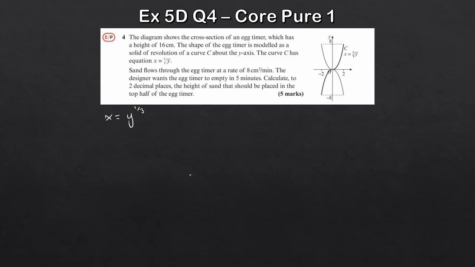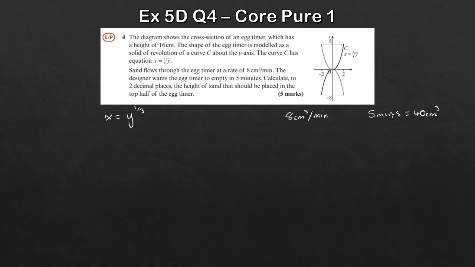We're also told that it flows through the egg timer at a rate of 8 centimetres cubed per minute. Now, they want the egg timer to empty in 5 minutes. So, if in 1 minute it's 8 centimetres cubed, in 5 minutes that would be 8 times 5, so that would be 40 centimetres cubed. Okay, that's what we'd expect.